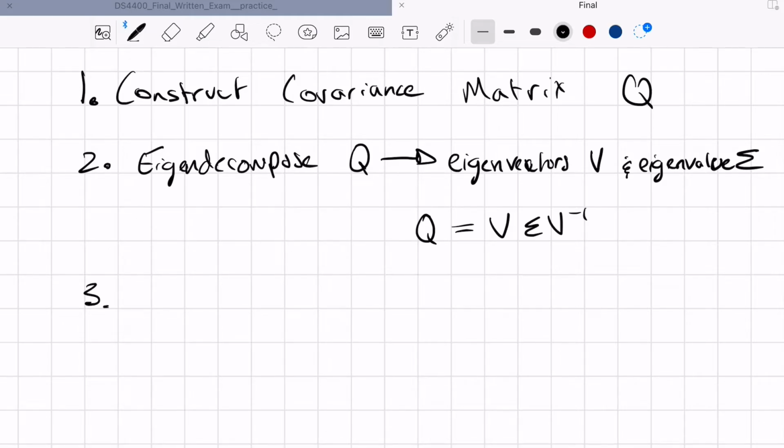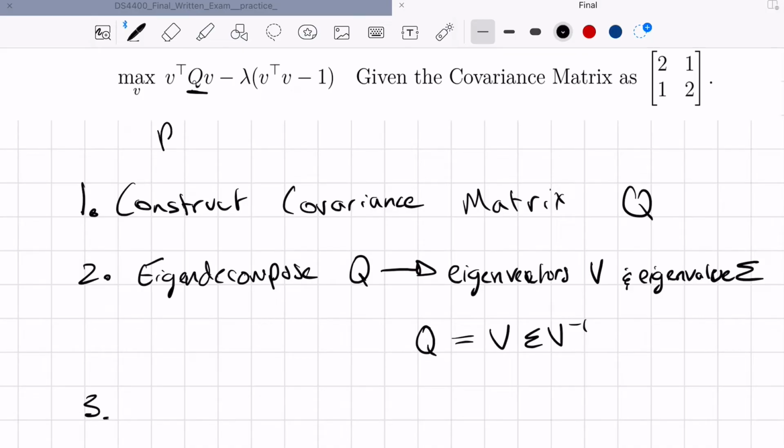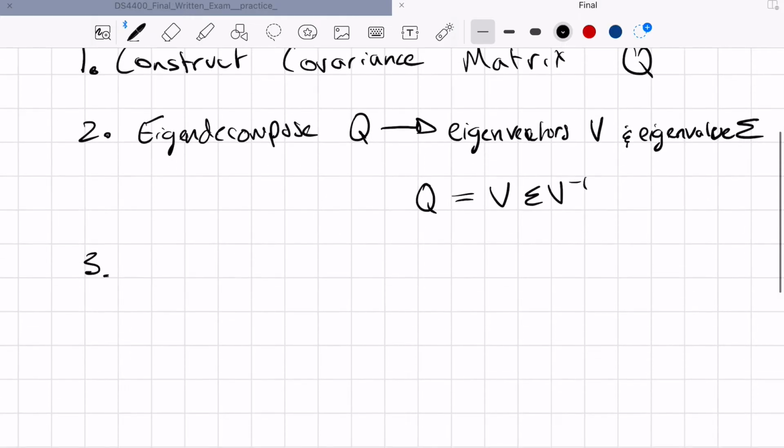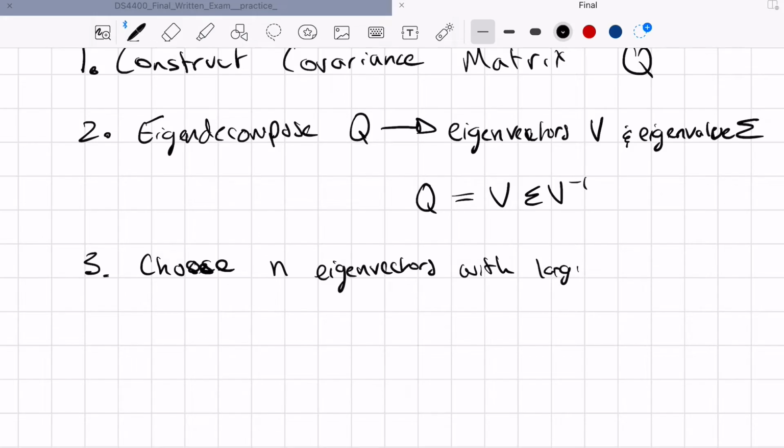The third step is, PCA usually clarifies how many new features you want. In this case, I'm going to say PCA N. This is how many features we'll have at the very end. So what we do is we choose N eigenvectors with the largest eigenvalues.